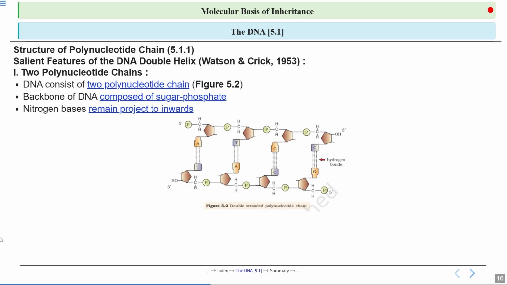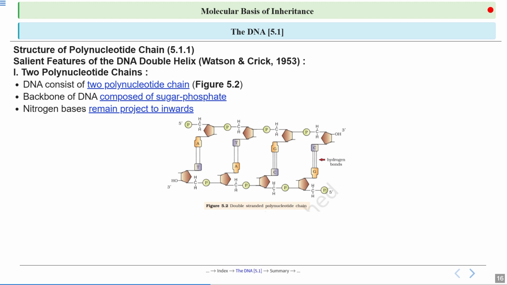Here you can see this NCERT figure, that this double stranded polynucleotide chain is the DNA double helix structure. One is this and 2 is this. This phosphate and sugar is the backbone of this DNA.